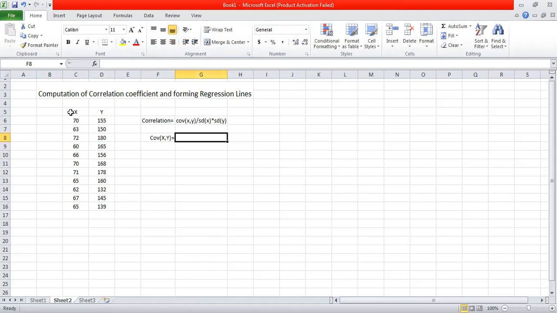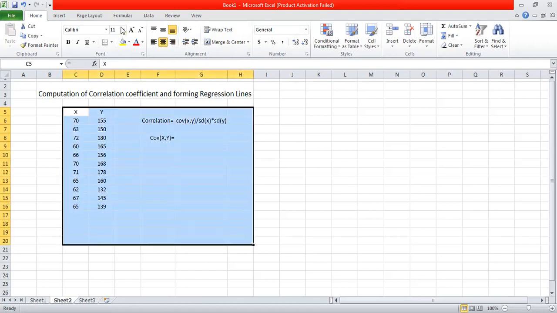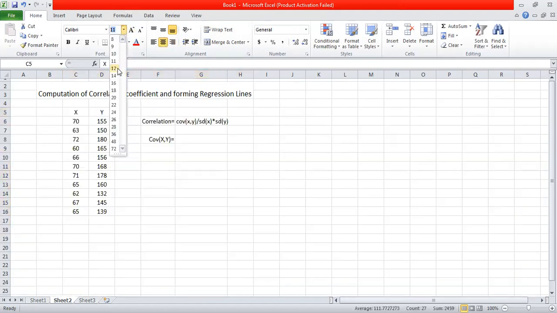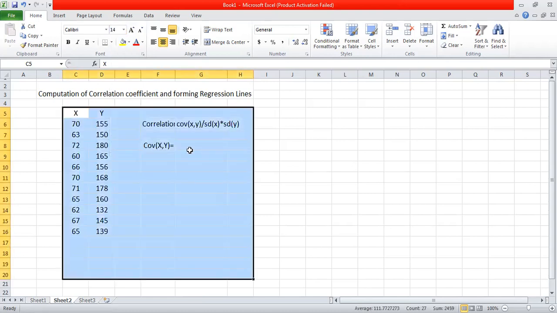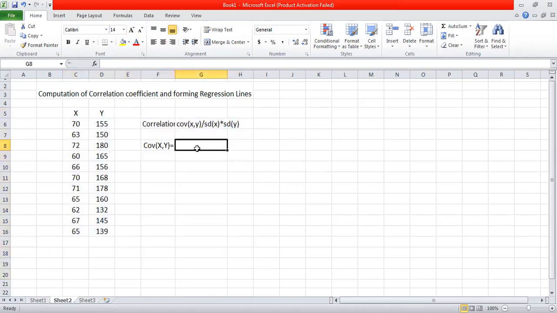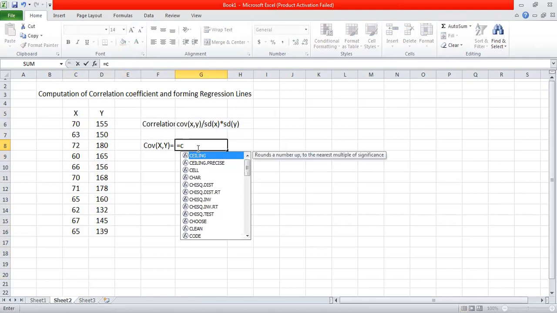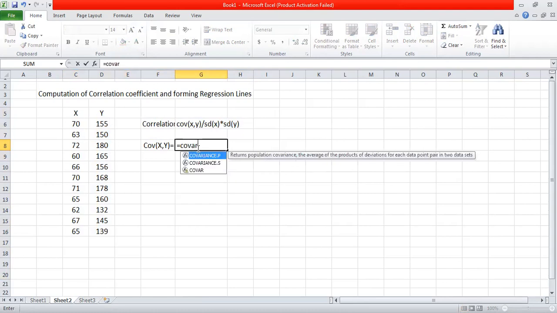So how do we write the function to find the covariance? Whenever you're writing a formula, you have to type equals to. Type COVAR. COVAR is the function used to find the covariance. Open the bracket.